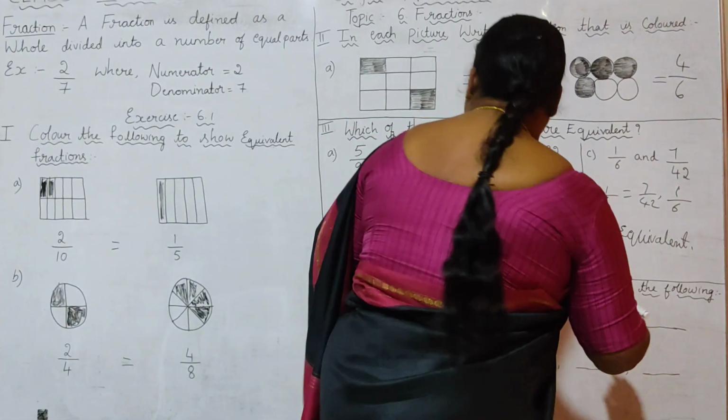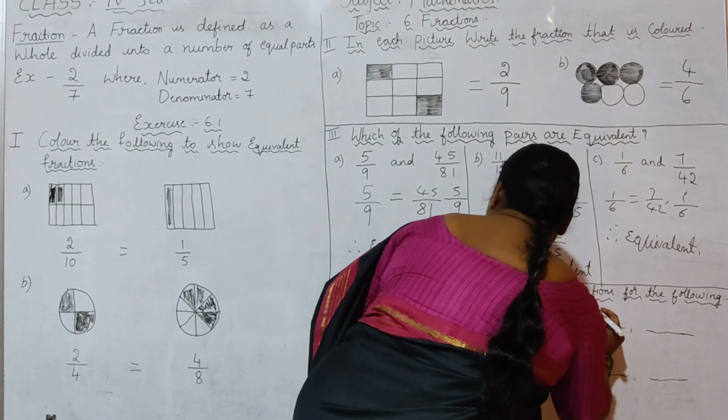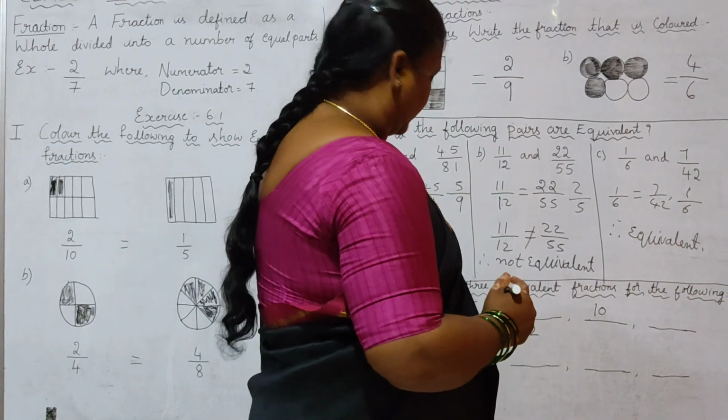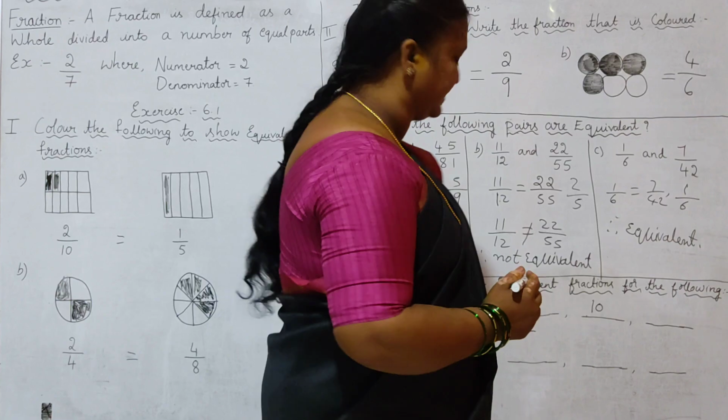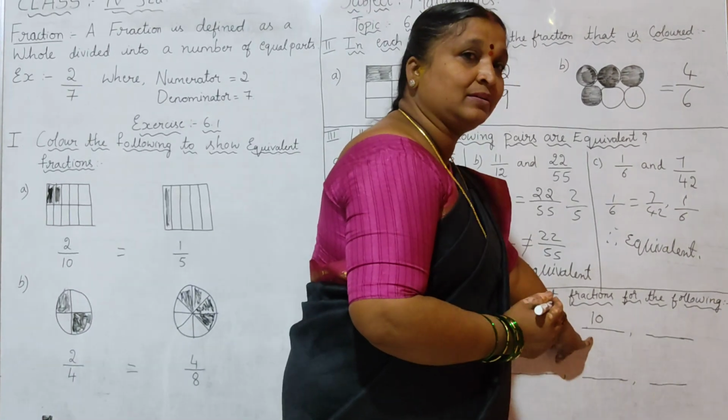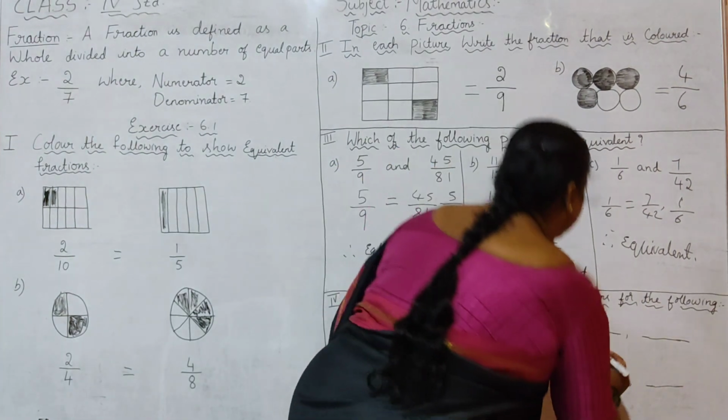Next, 2 ones are 2, 2 twos are 4, 2 threes are 6, 2 fours are 8, 2 fives are 10. 3 ones are 3, 3 twos are 6, 3 threes are 9, 3 fours are 12, 3 fives are 15.